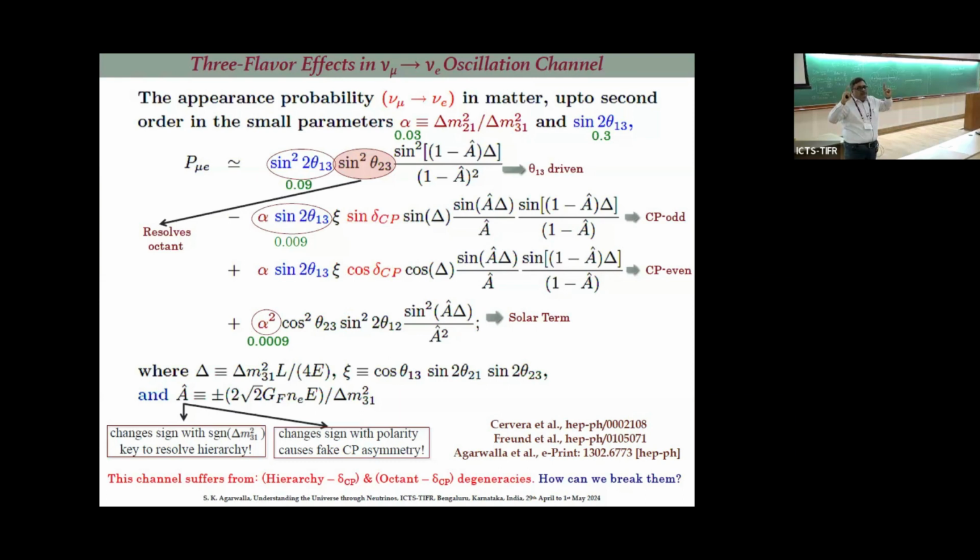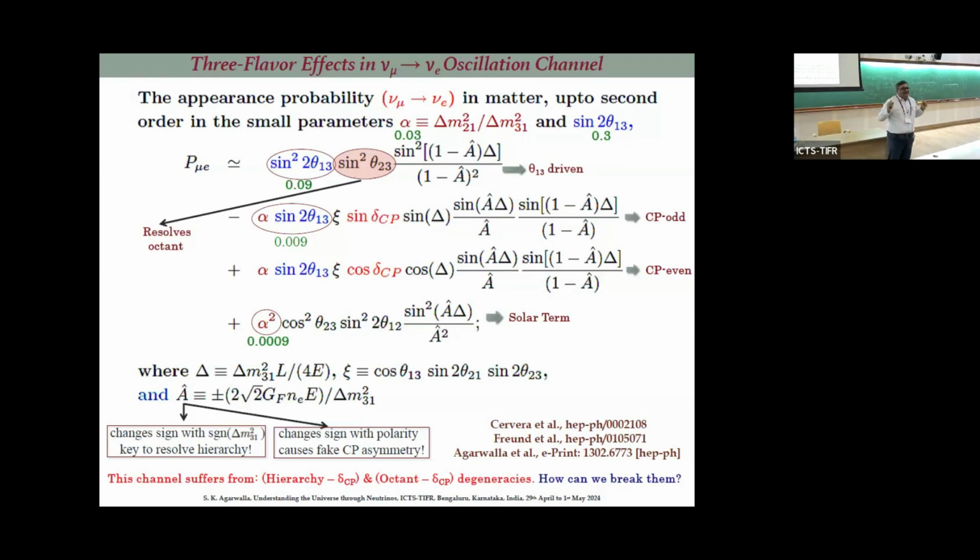Try to go with me, please. So matter effect helps you to resolve the neutrino mass ordering problem. I just convinced you. But at the same time, in this channel, it will give you fake CP asymmetry. Because ultimately in the experiment, you measure the neutrino transition rate, the antineutrino transition rate, and take the difference. Now, if you see some difference, you say, okay, delta CP is non-zero.